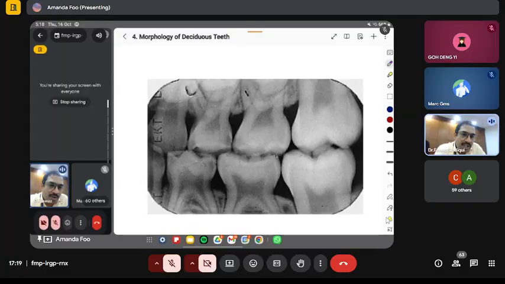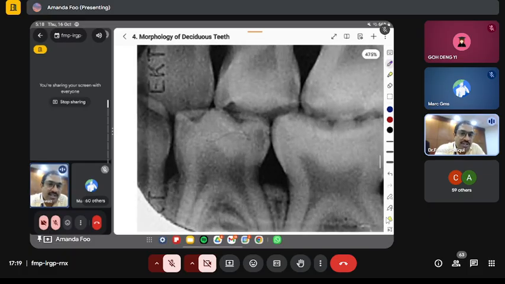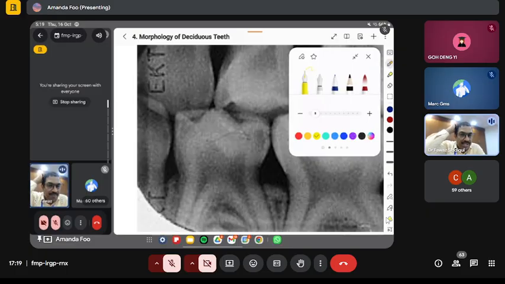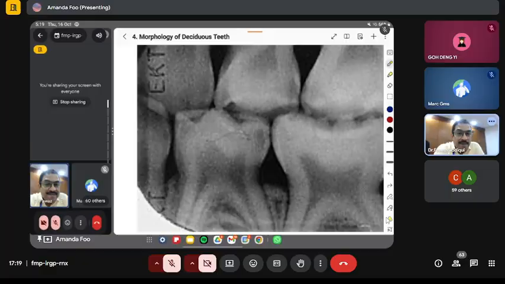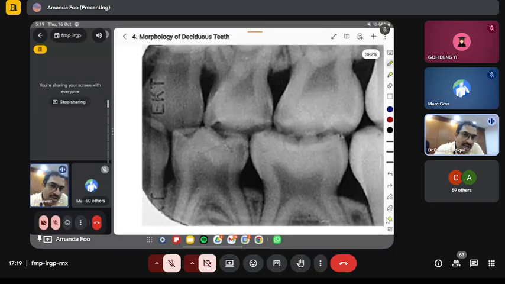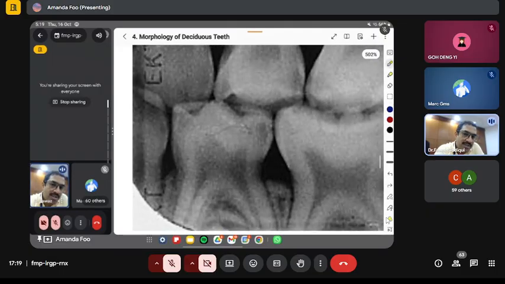If you follow the contact point of the primary first molar, you find that there is a constriction near the pulp, where the crown and root join. On the distal part of the tooth, draw a line from the occlusal surface of the crown.